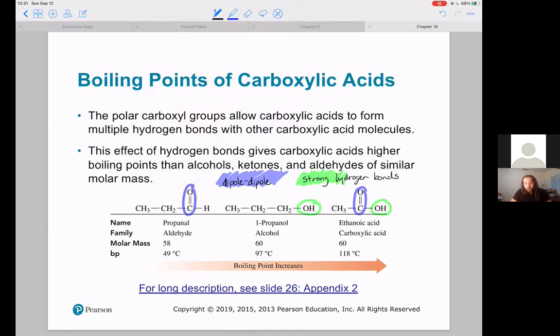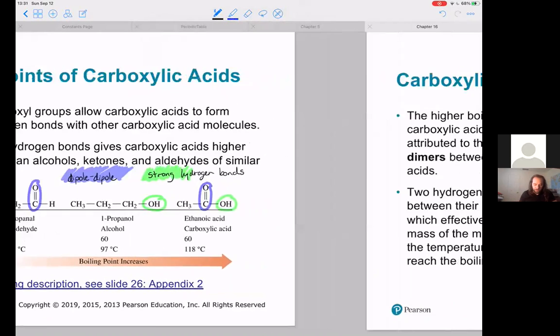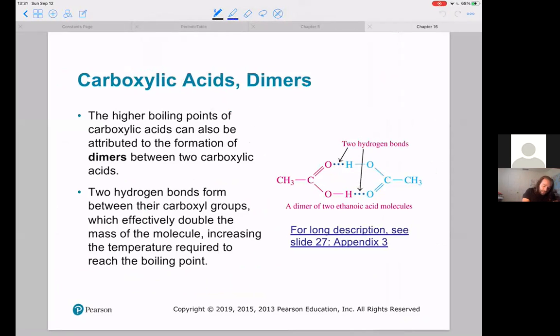Carboxylic acids can do both. They can form strong hydrogen bonds and the slightly weaker dipole interactions. So that's what puts them, at this point, as the functional group with the highest boiling point that we've seen.